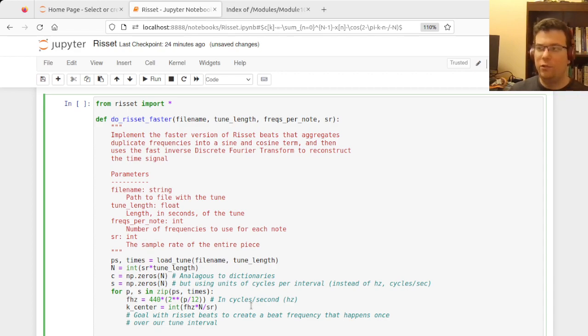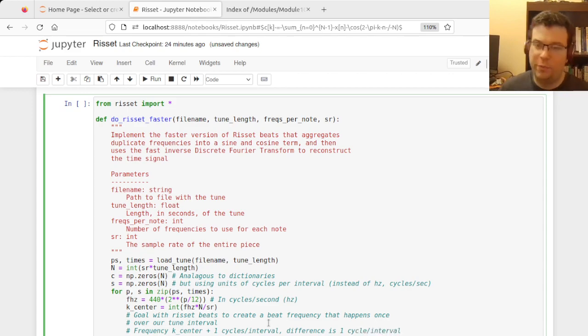But here we're already in units of cycles per interval. So if I'm at a frequency of k center cycles per interval, and I go to the frequency k center plus 1, for example, well, the difference is 1 cycle per interval.